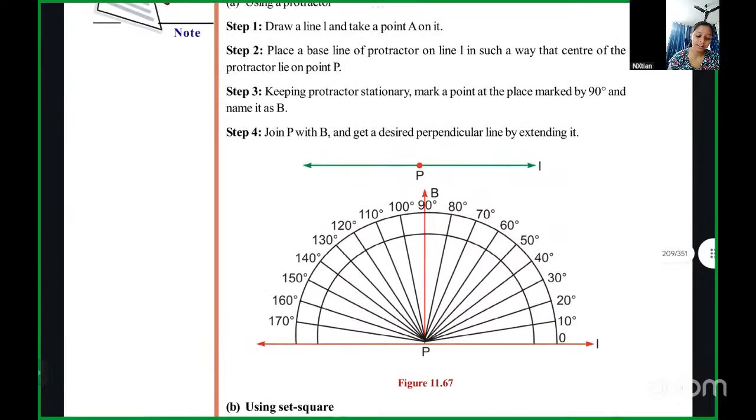Now I want you to take the center of your line and mark a point P there. Suppose your line is 8 centimeter, so mark a point at 4 centimeter. If your line is 6 centimeter, mark a point at 3 centimeter. Take half of your line and mark a point. First step, draw a line, and after that, mark its center point and name it P.